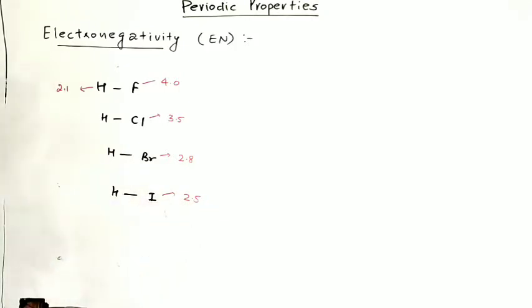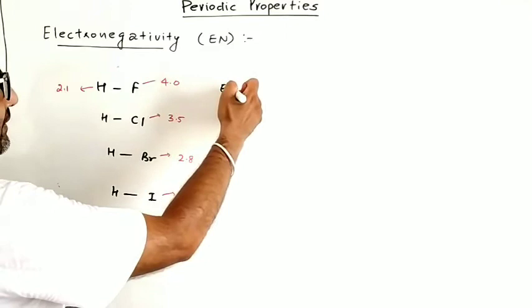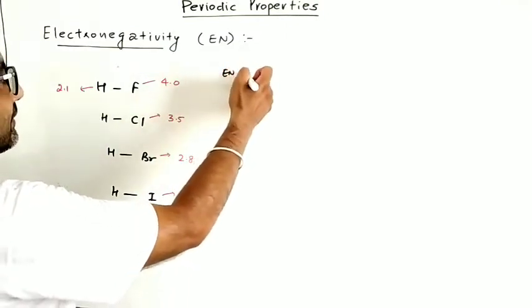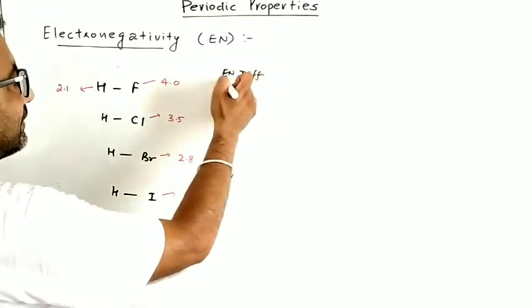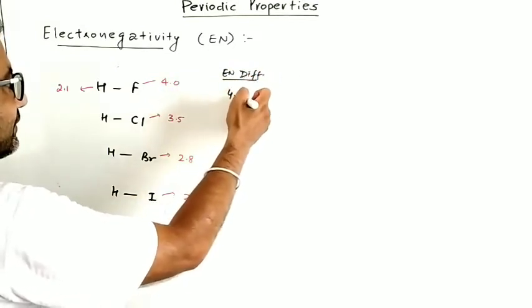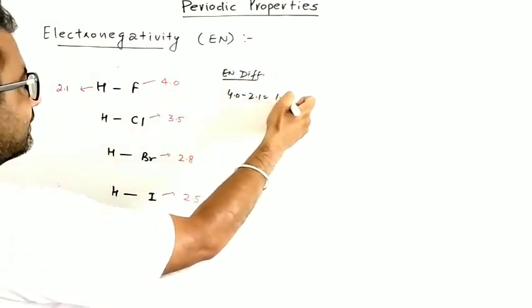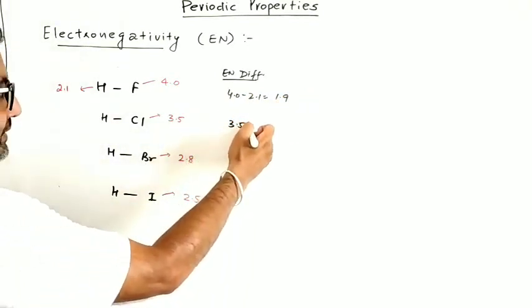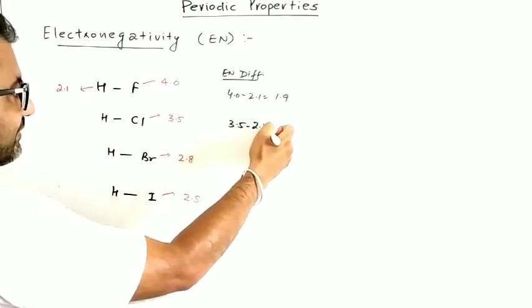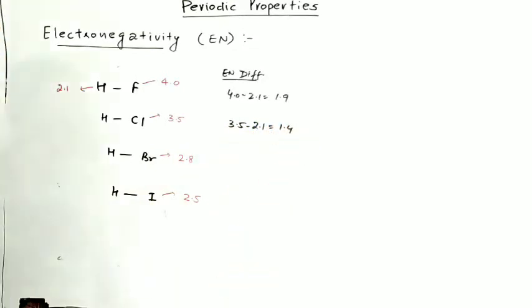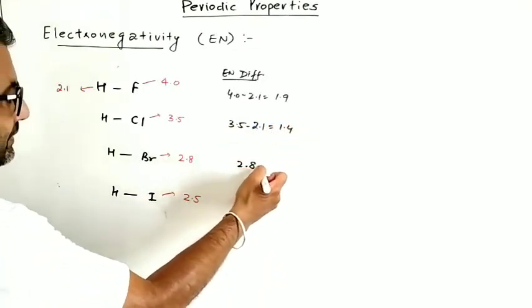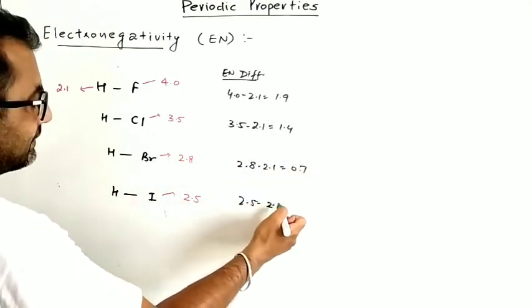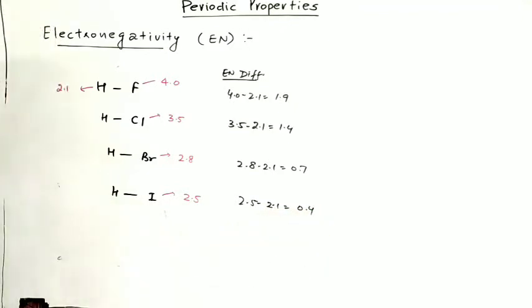What is the electronegativity difference here? Here it is 4 minus 2.1, 1.9. Here it is 3.5 minus 2.1, 1.4. Here 2.8 minus 2.1, 0.7. Here 0.4.